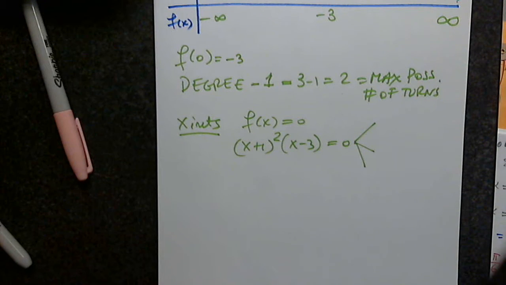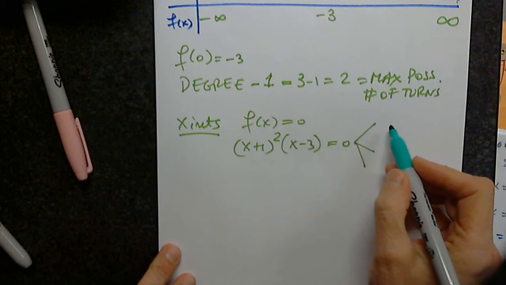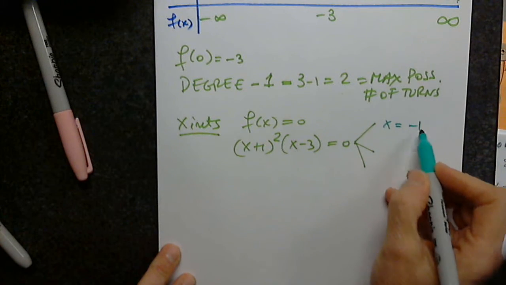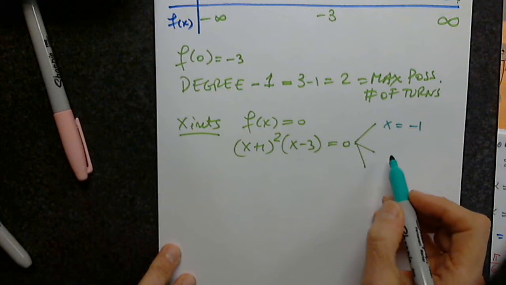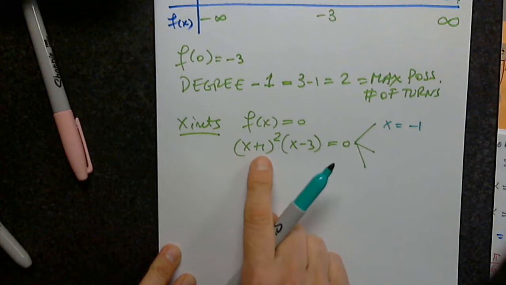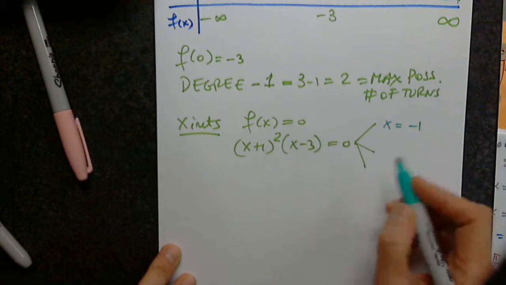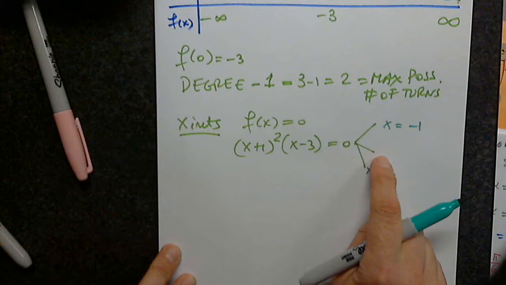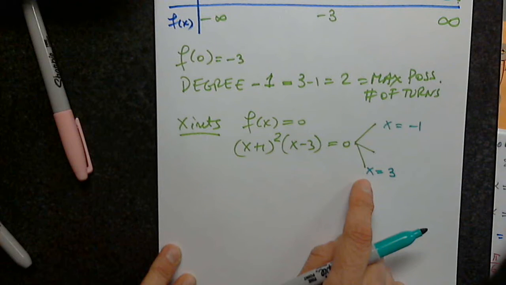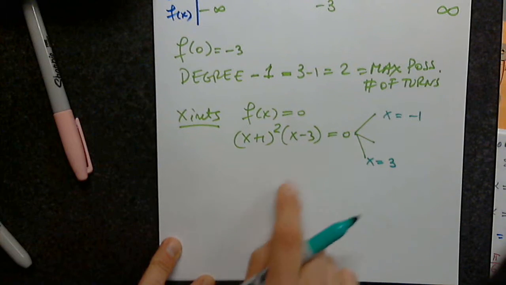Can anyone give us those 3 solutions? Negative 1, 1, 3. So x equals negative 1. Good. x equals 1? 1 plus 1 times 1 minus 3 will not be 0 ever. 3. 2 plus 1, 2 minus 3 will not be 0.